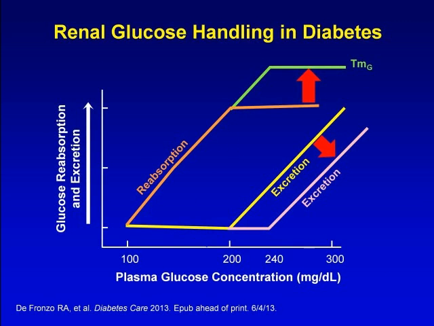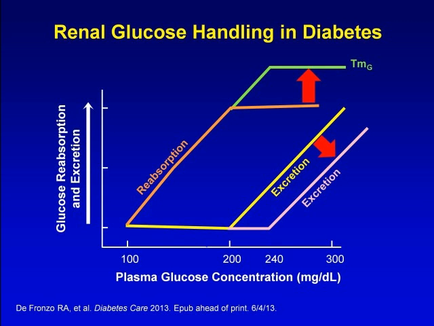Now, in a person with diabetes, this dynamic is actually changed for the worse, in the sense that the plasma glucose concentration needed to begin excretion of glucose is increased to about 240. And the reabsorption capacity is increased.